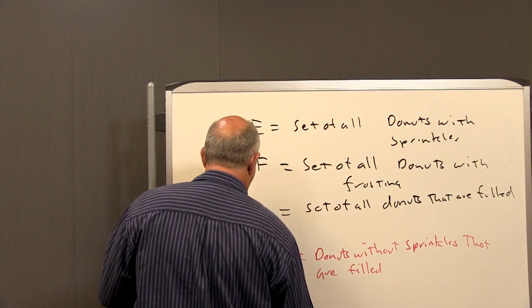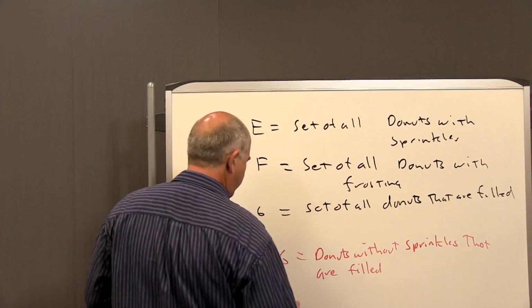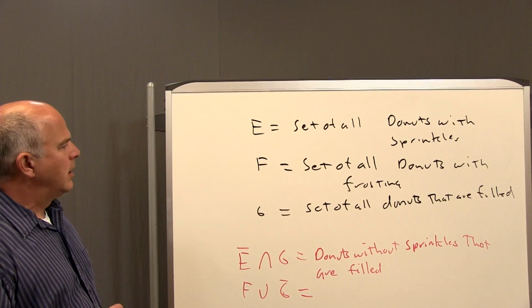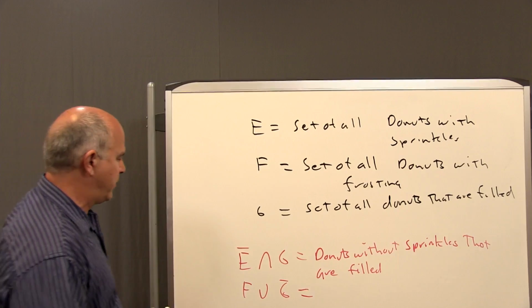On the other hand, F union G bar. This is the set of all donuts that either have frosting or are not filled, or both, right?